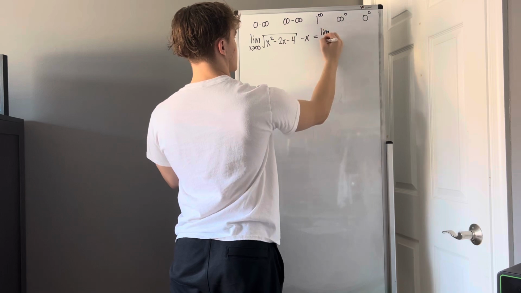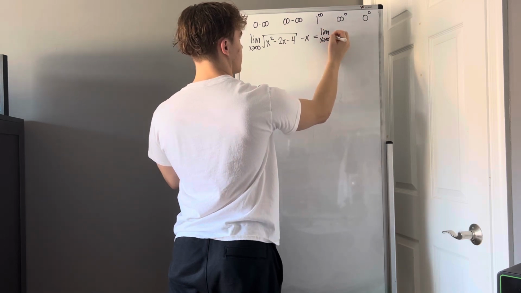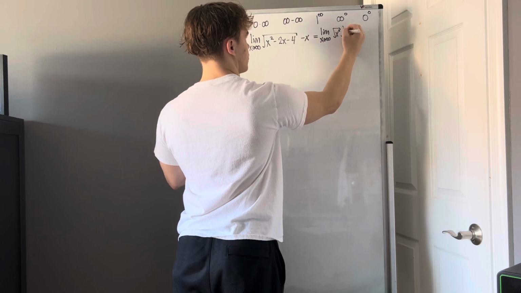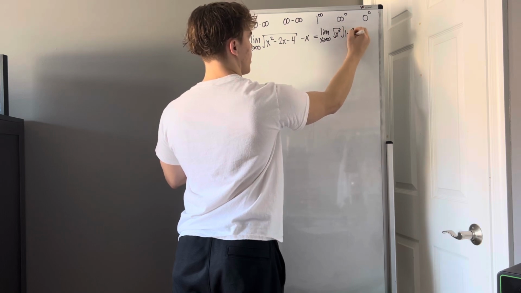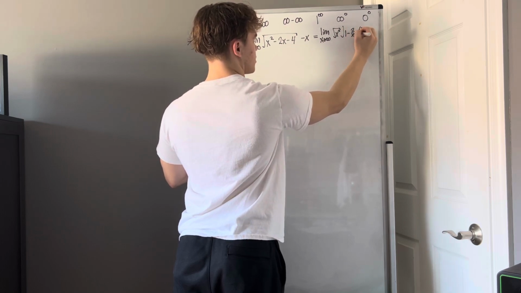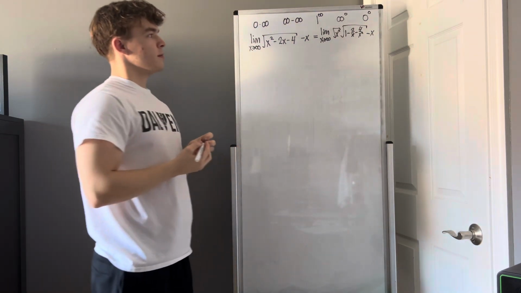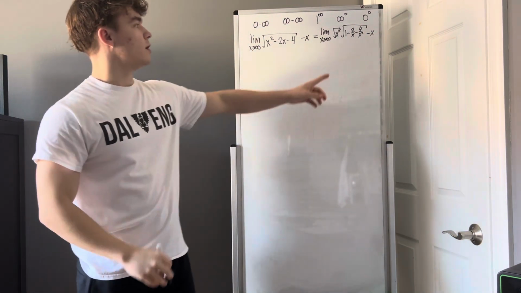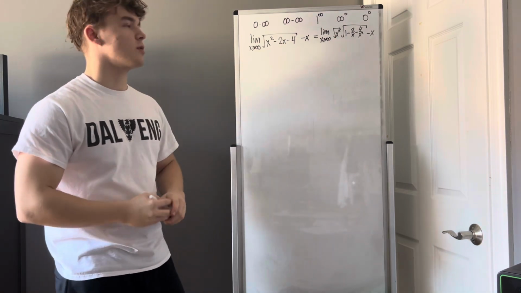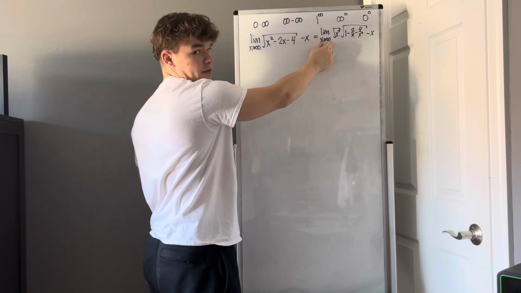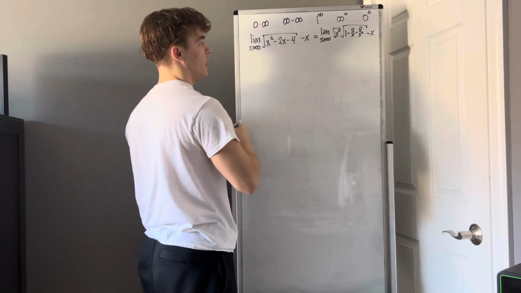We're going to make this the limit as x approaches infinity of root x squared times root 1 minus 2 over x minus 4 over x squared minus x. We remember that root x squared equals absolute value of x, but since we are on the positive side of 0, positive infinity, this is just going to be x.